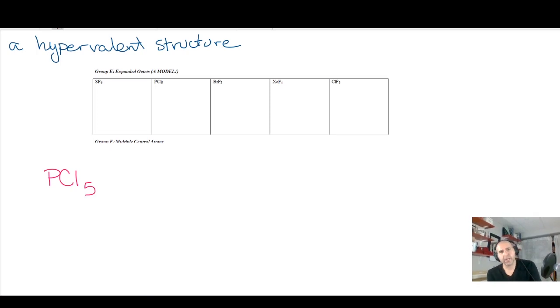So again, if we look at the number of electrons, phosphorus has 5 and each of the chlorines has 7. So, right, I have P, and then I have my chlorines.